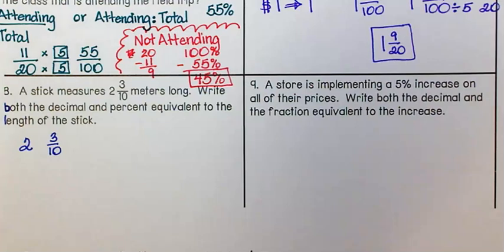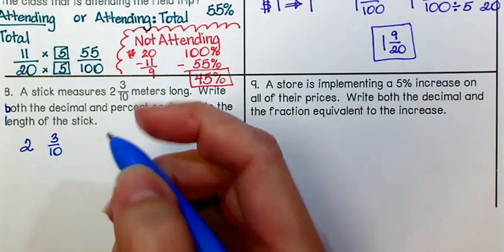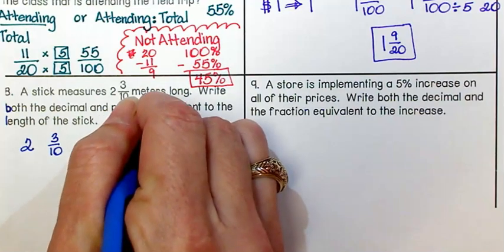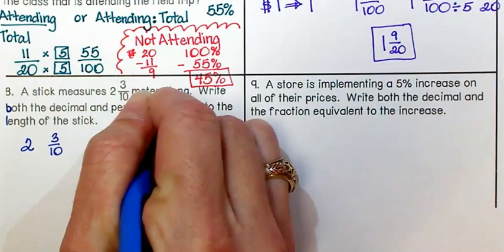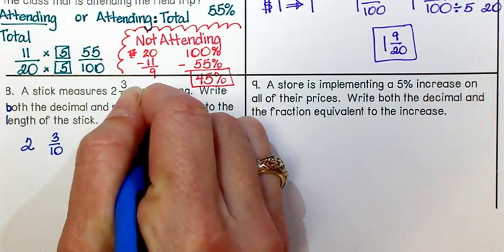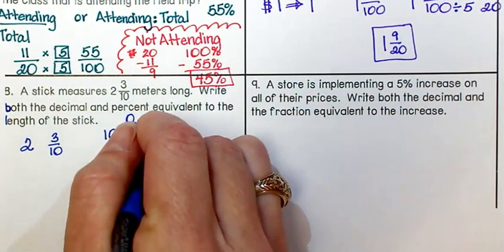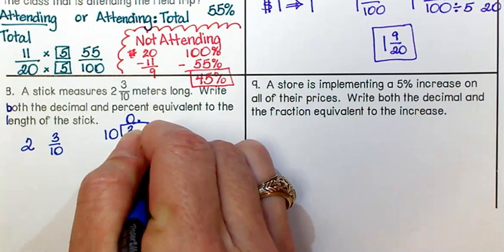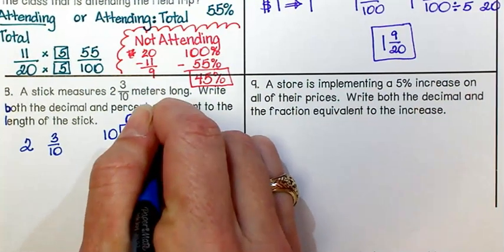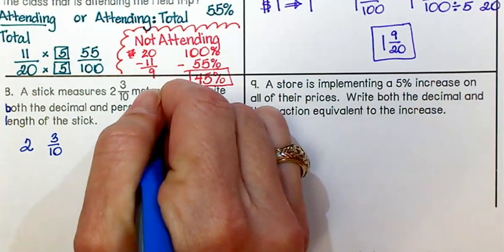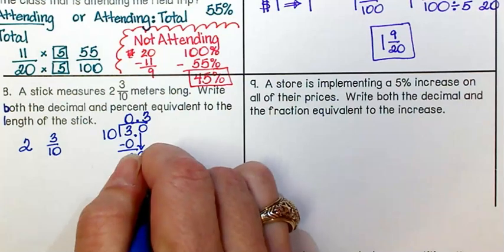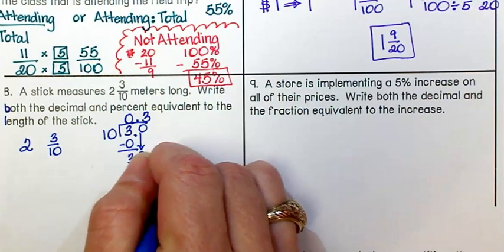Okay? I know, first of all, I can do long division if I want to do it that way. 10 won't go into 3. Bring down a 0. 10 will go into 30, and it will go 3 times. 3 times 10 is 30.